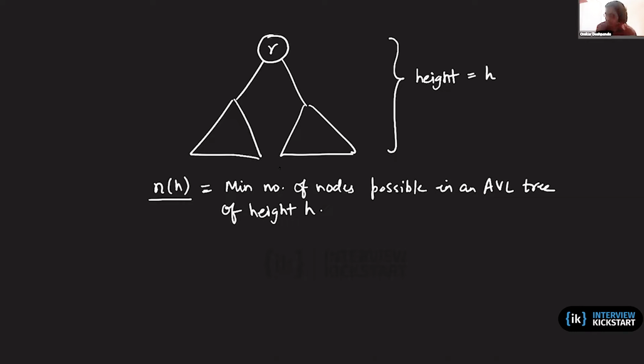Sorry, if this has a height of h, then one of the subtrees is definitely going to have a height of h minus 1, for the whole tree to have a height of h. But instead of making the other subtree also be of height h minus 1, we should make it height h minus 2, because that's what the smallest AVL tree of height h would have.